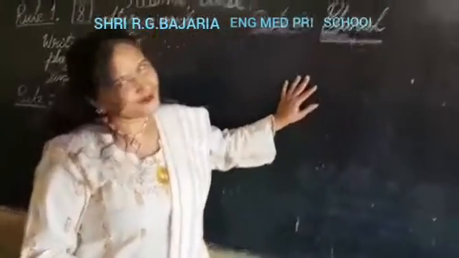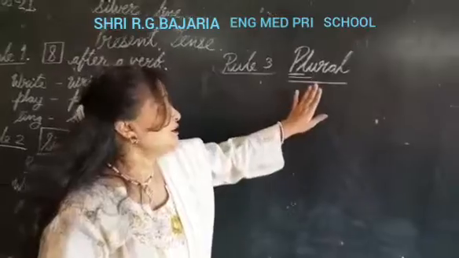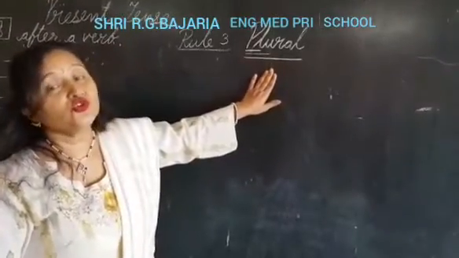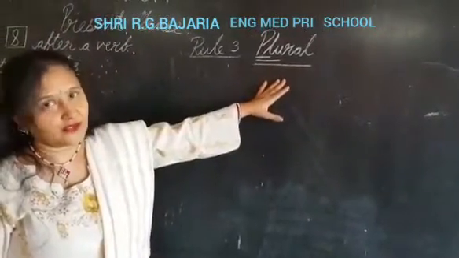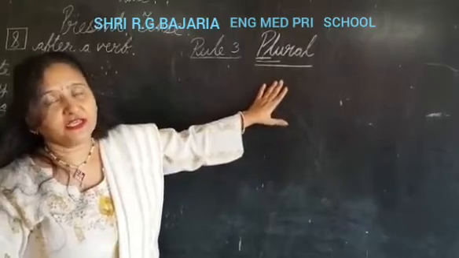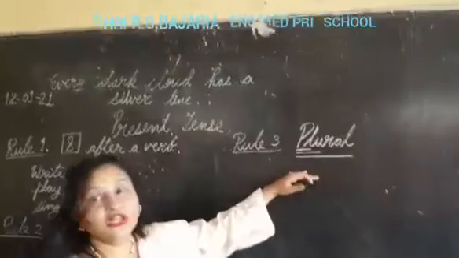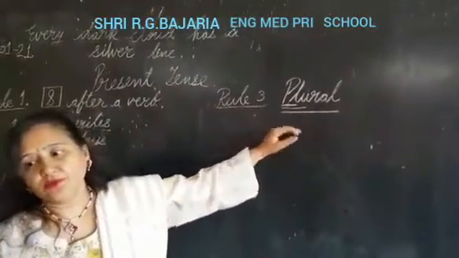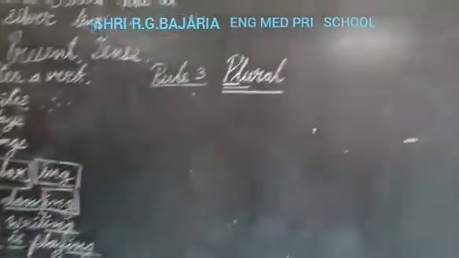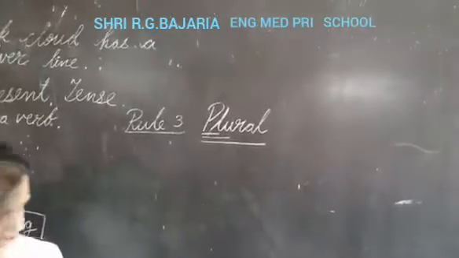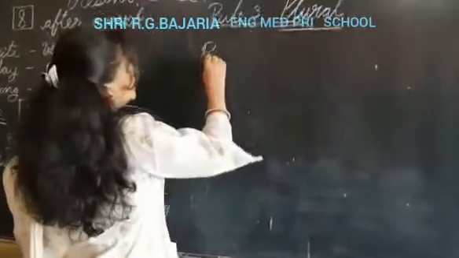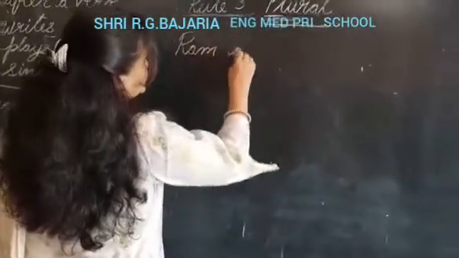Okay? So let's begin with the plurals now. Now here our nouns should be plural. Now we are learning the present tense words with the plural noun. Ram and Sam.